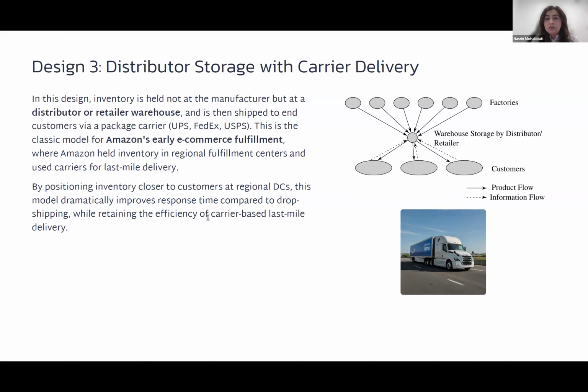Obviously, this is used by Amazon specifically, right? In its early stages, they had these huge warehouses with a lot of inventory in them, and they were fulfilling customer demand from their huge warehouses.